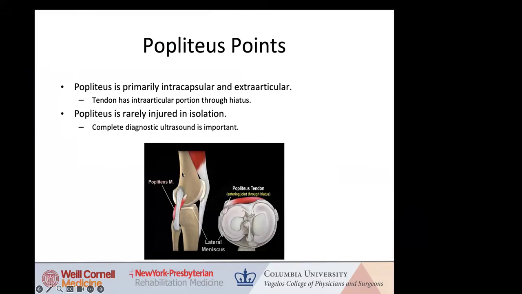And so it can be very challenging from a diagnostic standpoint. We rely a lot on diagnostic injections, right, to diagnose things that are less clear or less common. And this can be challenging because an intra-articular injection might help a popliteus problem, or a popliteus injection may help an intra-articular problem because of flow. So keeping that in mind with this particular tendon is very important.